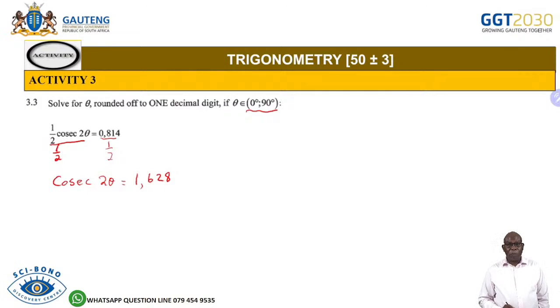My reciprocal for cosec is sine. So if I see a cosec, I put a sine 2 theta and immediately write 1 over 1,628. If I've got a sec, I'll immediately write cos and immediately put 1 over 6.